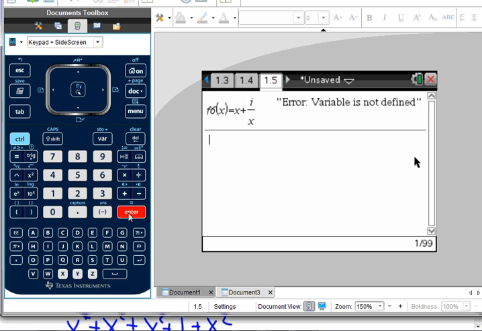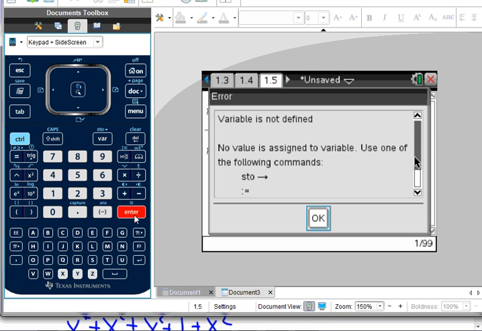It's supposed to be 1. So all I do is go back up here, copy it again, enter. Okay. It's not going to work.